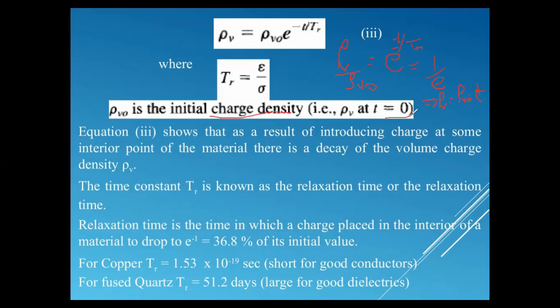Initial value means there is some value at t equal to 0, and at t equal to tr, the final rho v is 37% of this rho v naught.